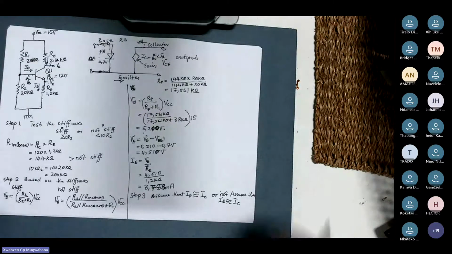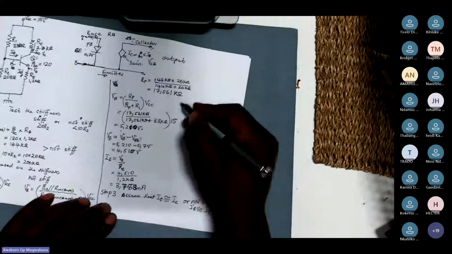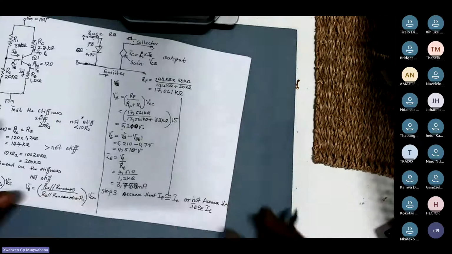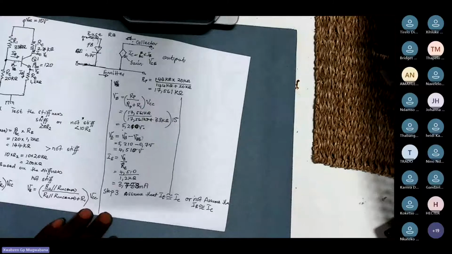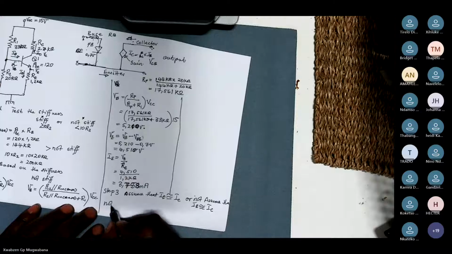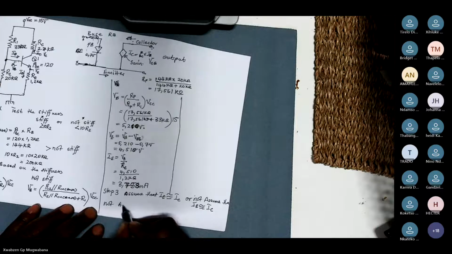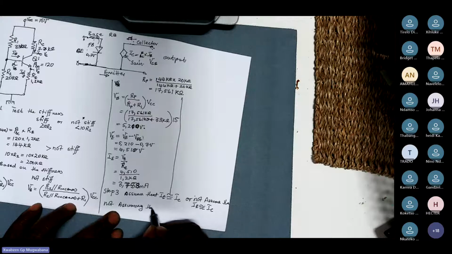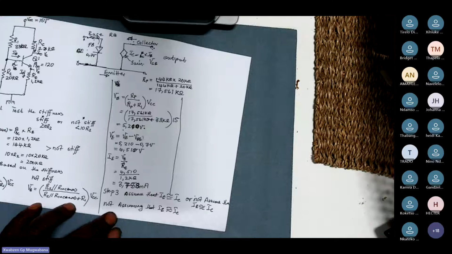If I am not assuming this condition, let me write it here, which means in step 3, I am not assuming that IE is equivalent to IC.